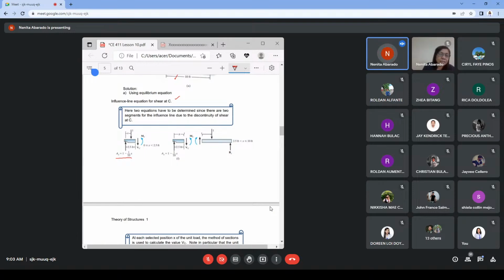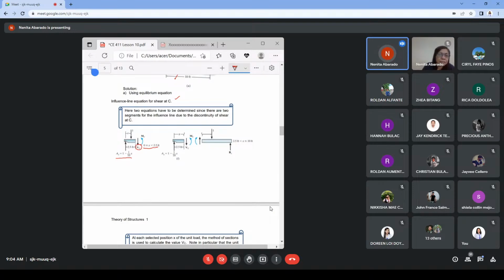So, let's say, the one, yung one natin is moving. Let's say, this 1 unit load is here. Na diri siya sa 0 to 2.5. So, we can get the equation of this shear, V sub C. Diba? Nakuha natin ang shear sa C. So, saan man ating shear sa C?